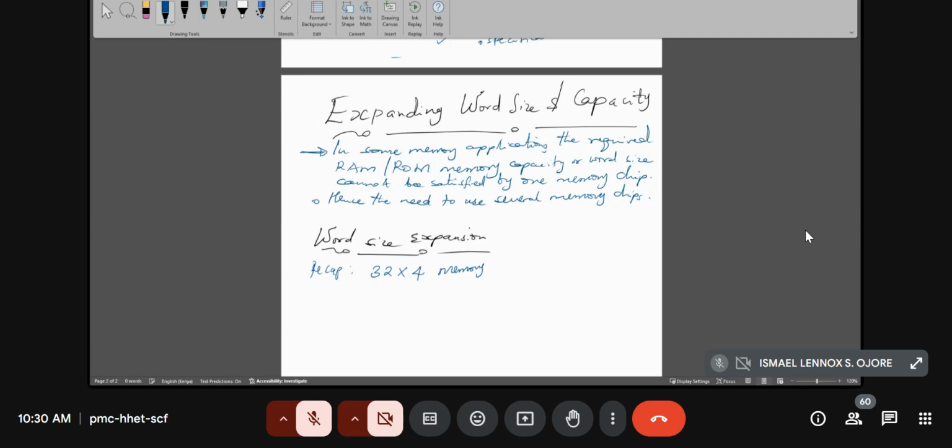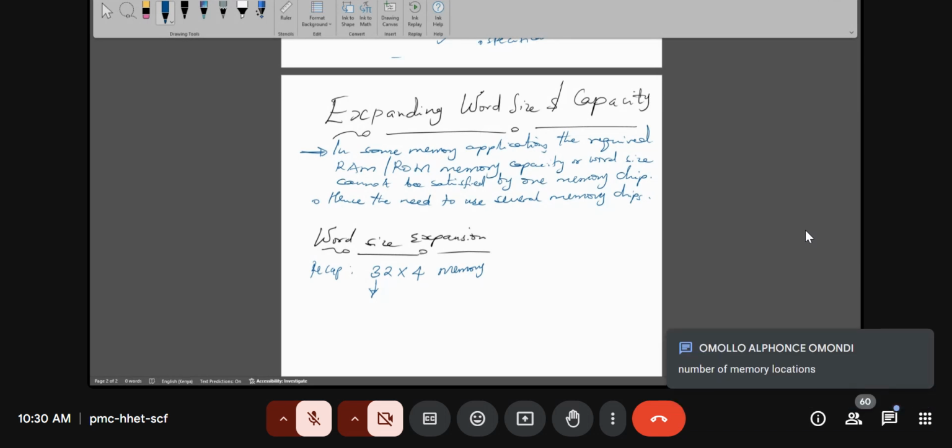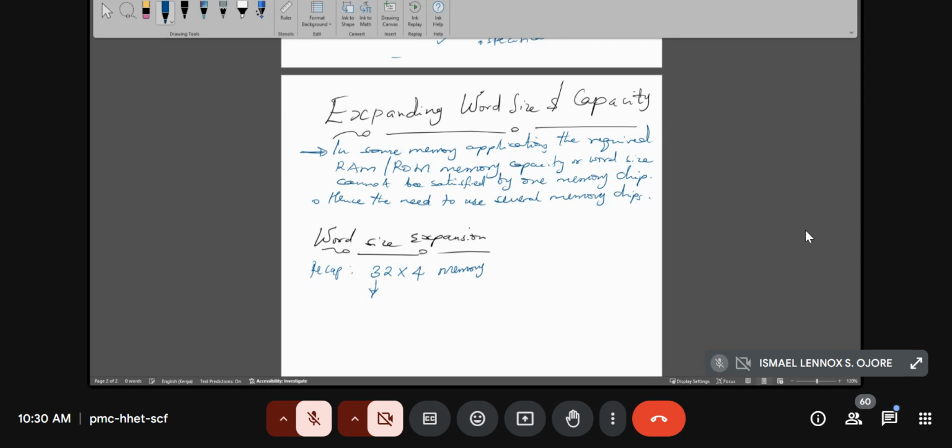What does that 2 represent? Number of words. Okay. Then somebody also says number of memory locations. All that is correct.